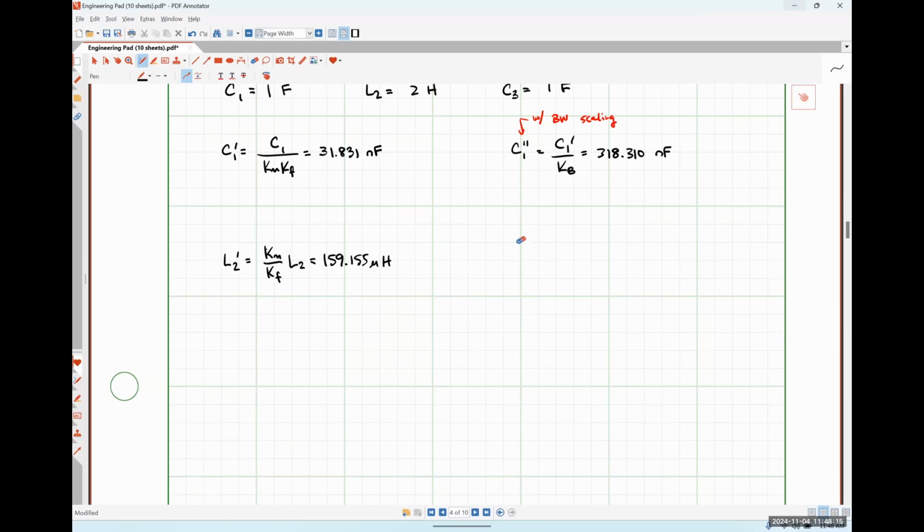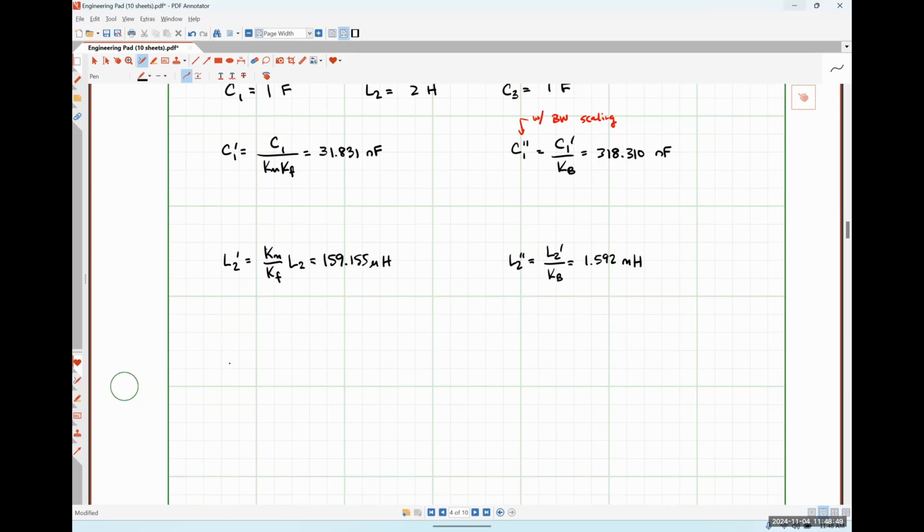And L2 double prime, so this is with our bandwidth scaling, is just going to be L2 prime over KB. So this comes out to be 1.592 millihenries, thank you. It's all going into my LTspice the same. I'm just using the little m, but thank you.